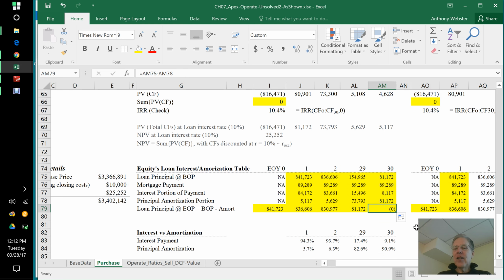Okay, and I think right now we have figured out everything we need to for the lender. We're done with the lender. And we've figured out everything we need to for the sponsor related to the purchase and the sponsor's contract with the lender. And just looking ahead a little bit, why were we so careful about pulling out the interest portion and the principal amortization? Anyone know that?